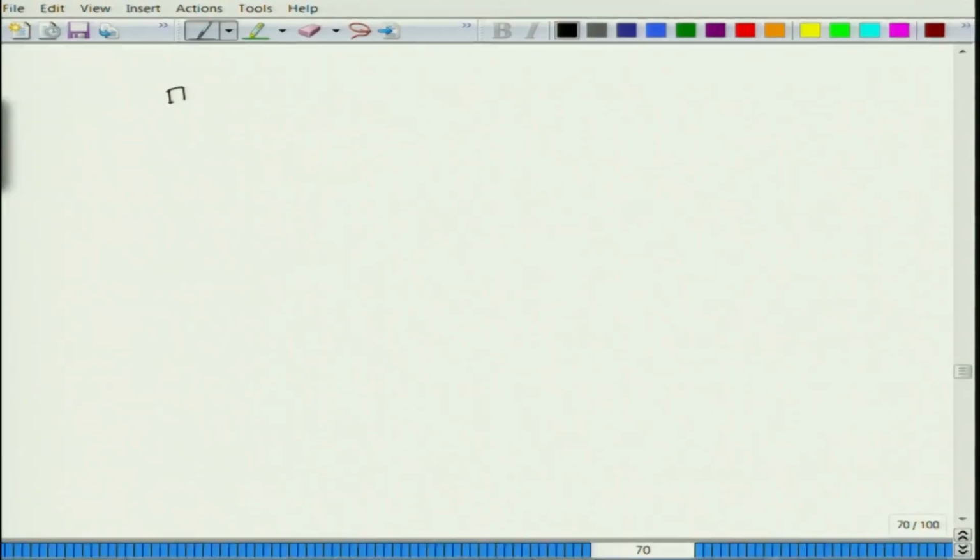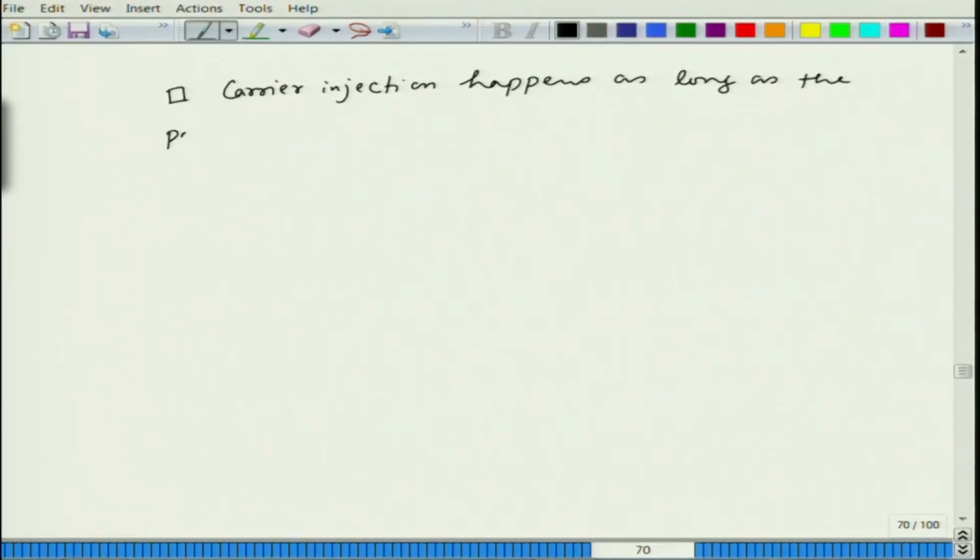Now, from the expression itself, you can say the carrier injection happens as long as the potential is applied. If you take out the potential, then that carrier injection will go away.